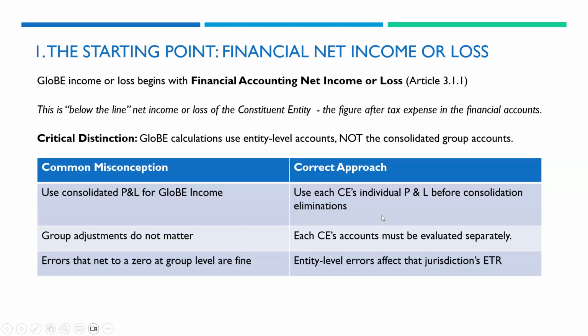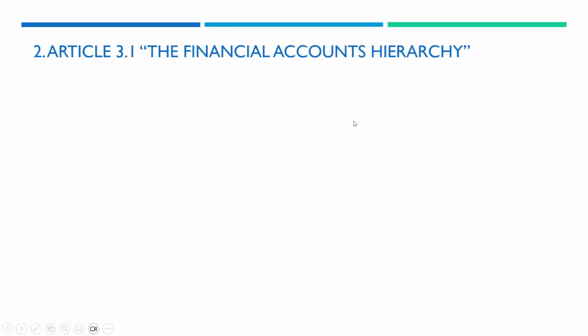Yes. So the main point being, you start with each constituent entity's financial net income or loss after taxes. Clear? Now, a very obvious question that could arise is, okay, I will take the financial net income.